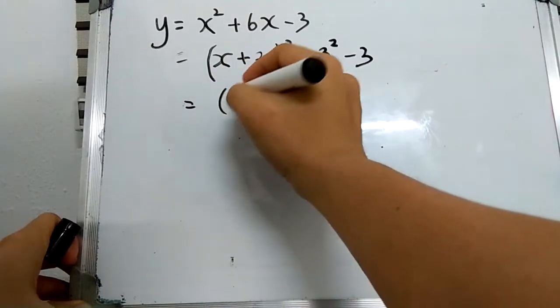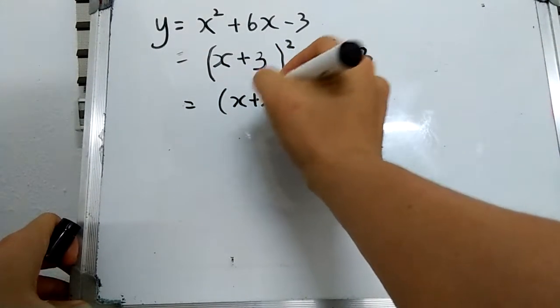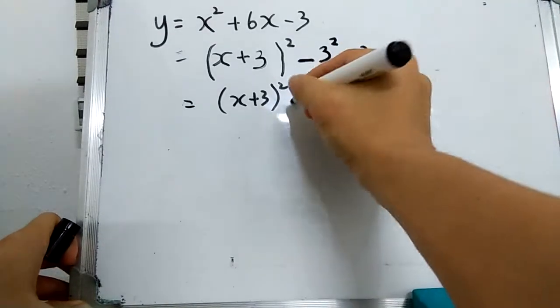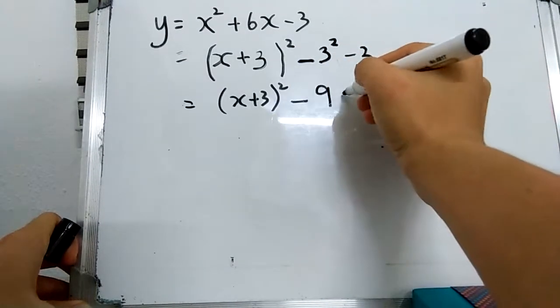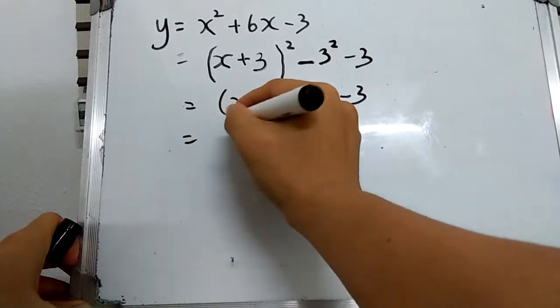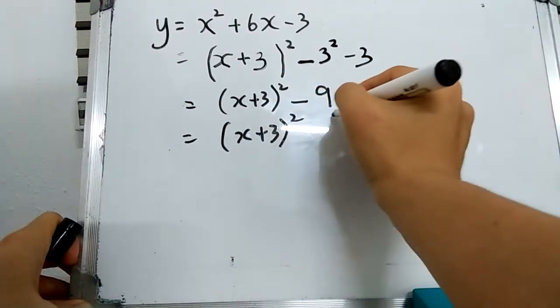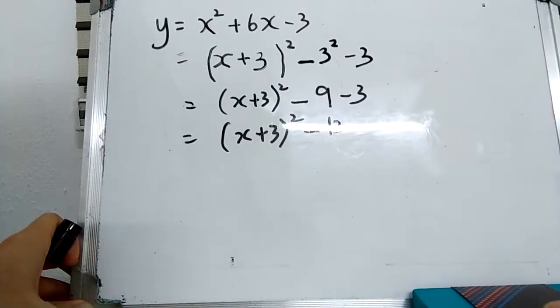The next step is combining 3 squared and 3. You will have 9 minus 3, and the last part here is minus 12.